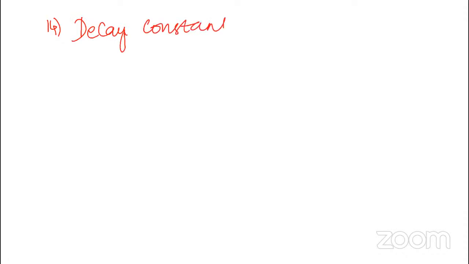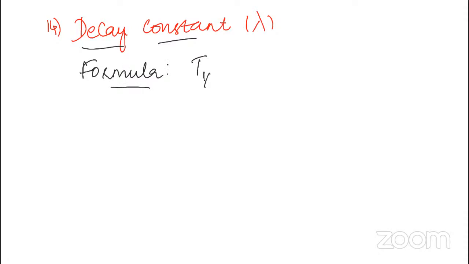So decay constant is represented by the letter lambda. It should be calculated by the formula T half is equal to 0.693 divided by lambda.